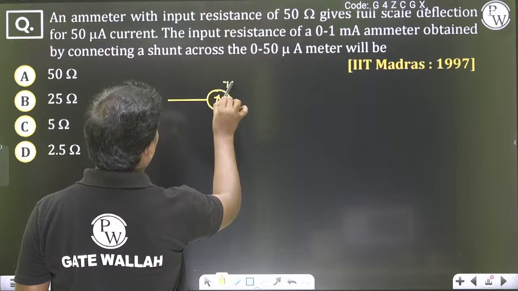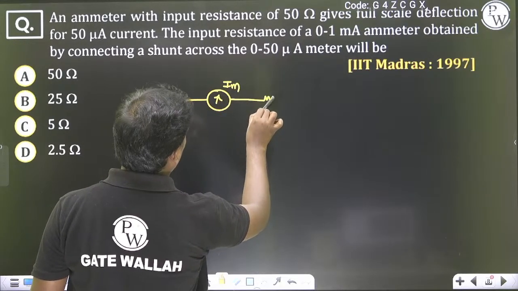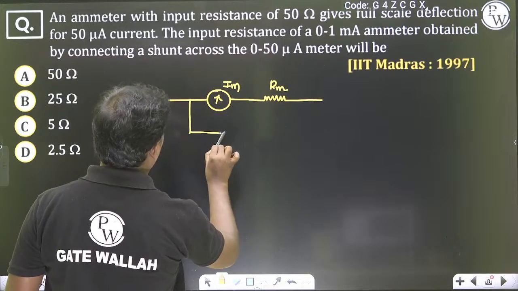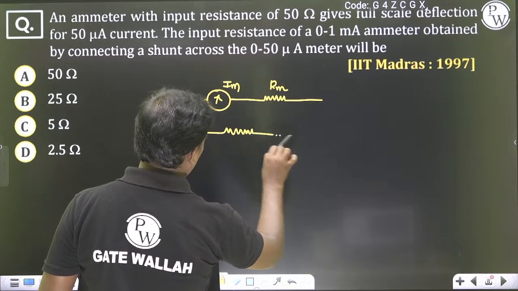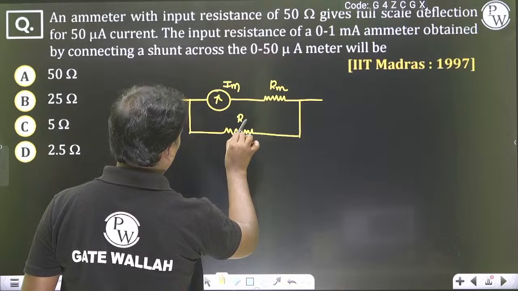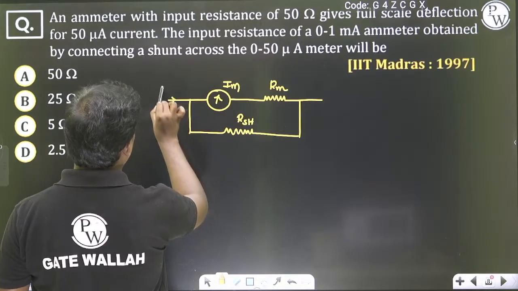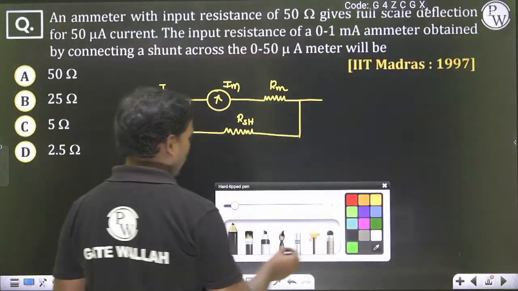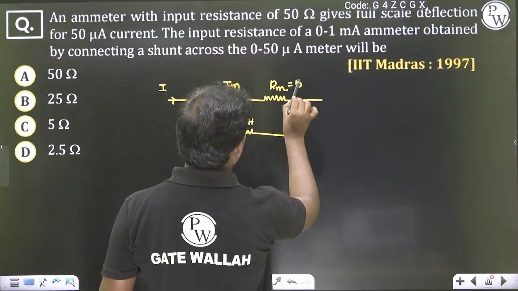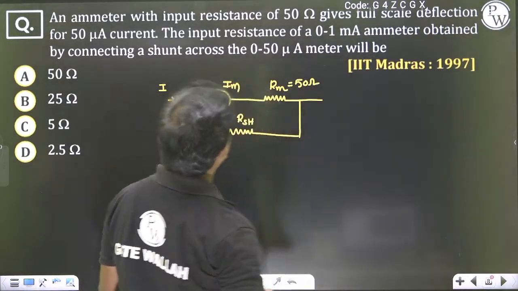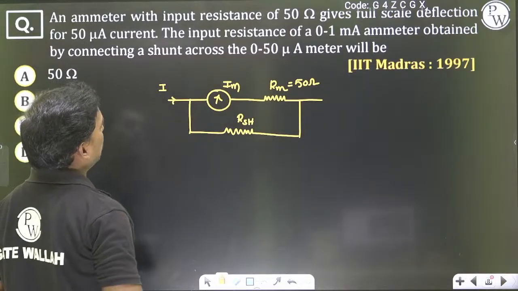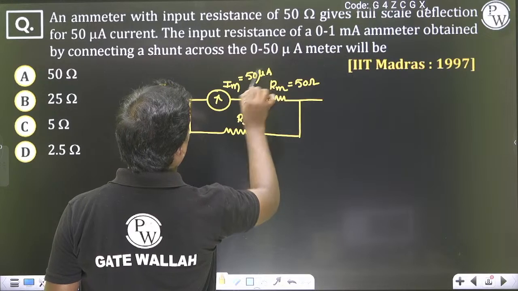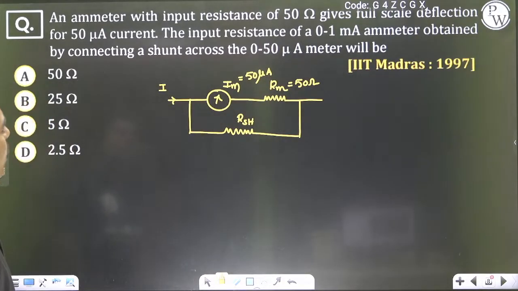So this is the IM, the RM, the RSH, so this is a capital I. An ammeter with input resistance of 50 ohms, so this is 50 ohms. Gives full scale deflection for 50 microamperes current, so this is 50 microamperes current, of a 0 to 1 milliampere ammeter.